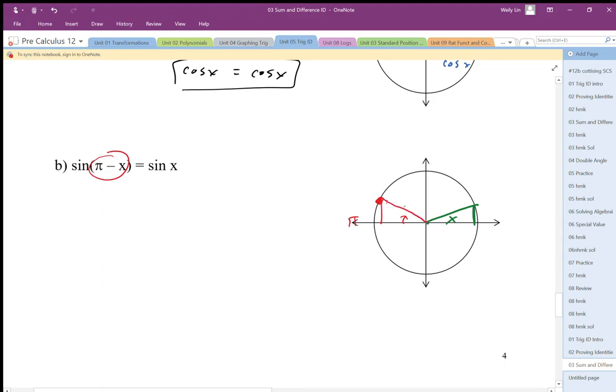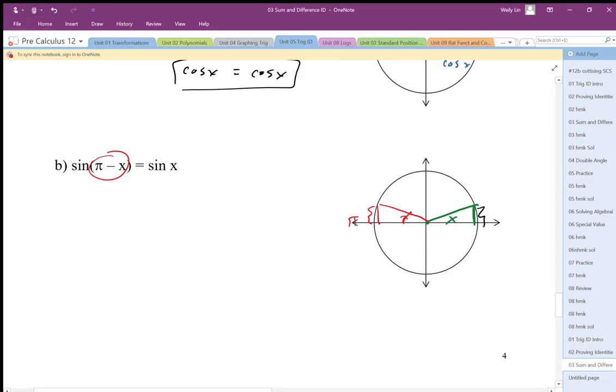If I take the sine of x, I should draw this a little bit nicer, more symmetrically. If I take the sine of x, I'm going to get the same vertical position as the sine of pi minus x. That tells me that this length is equal to this length right there.